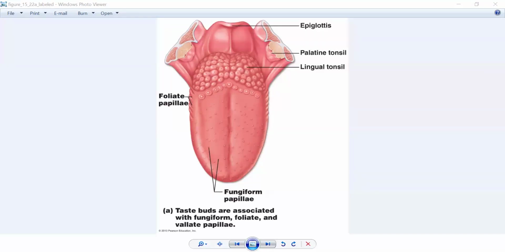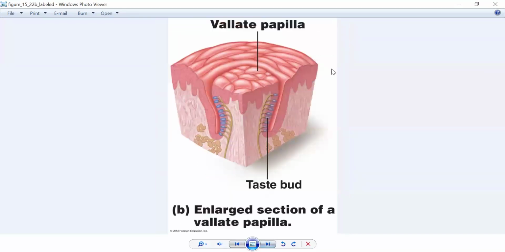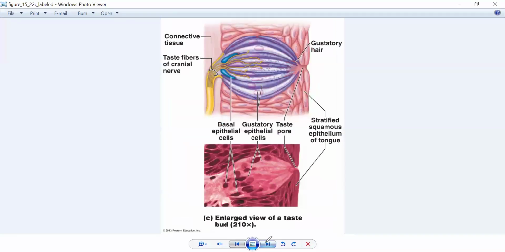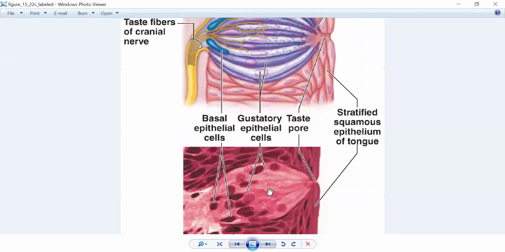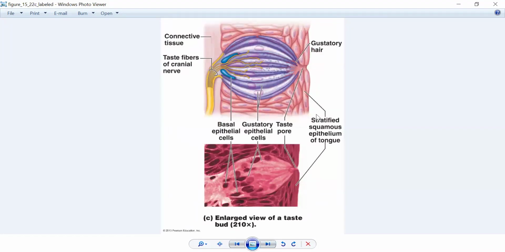Okay, let me move on. So here you're looking at a taste bud, and because a taste bud is an organ, remember, it's two or more tissues. Within the taste bud are the receptors to interpret the taste that you're sensing. The other thing I wanted to mention is that the receptors that interpret taste are called gustatory.